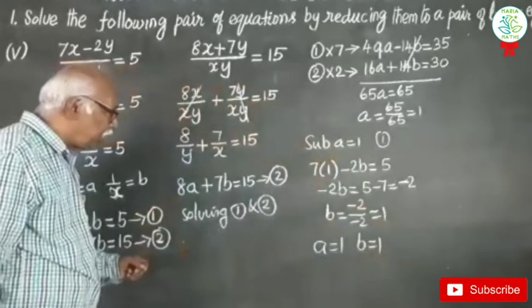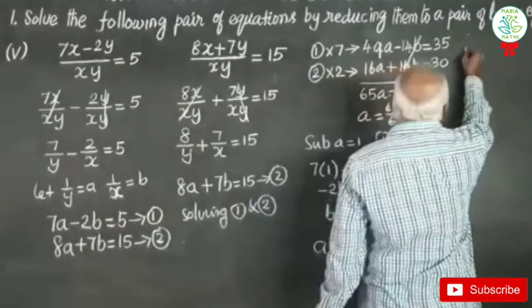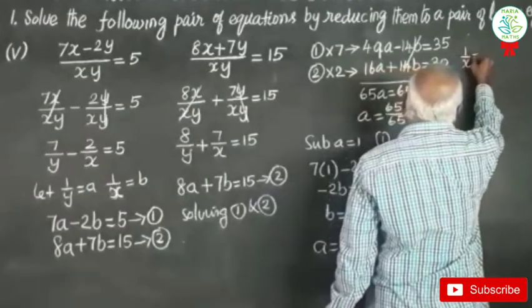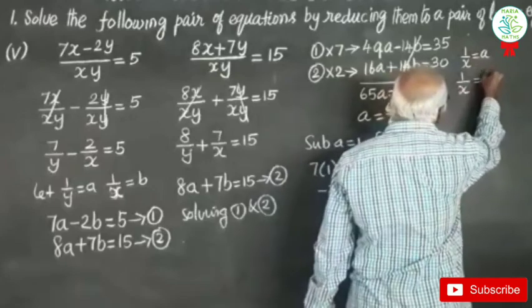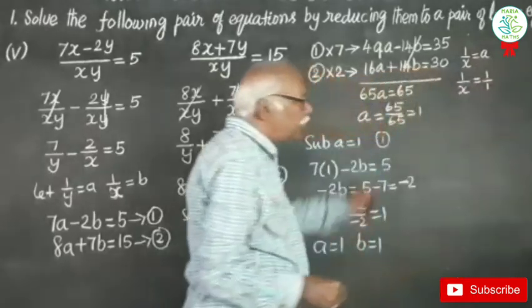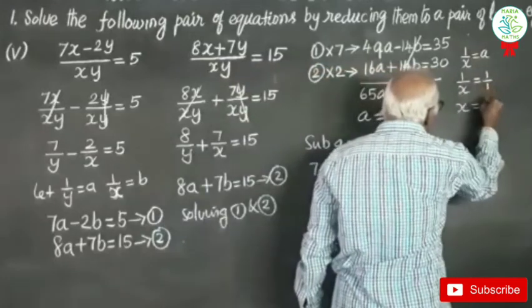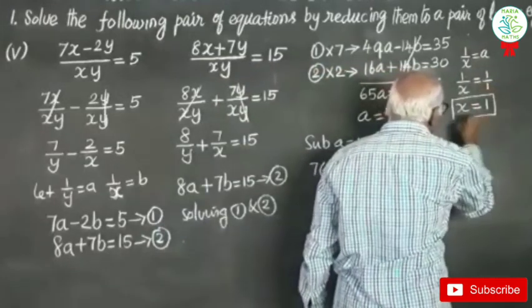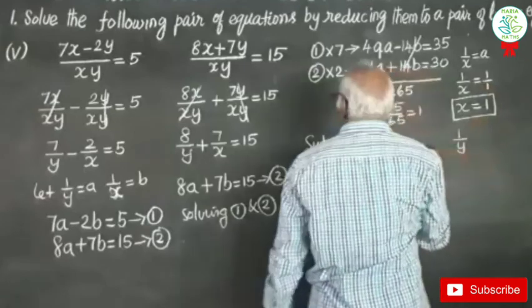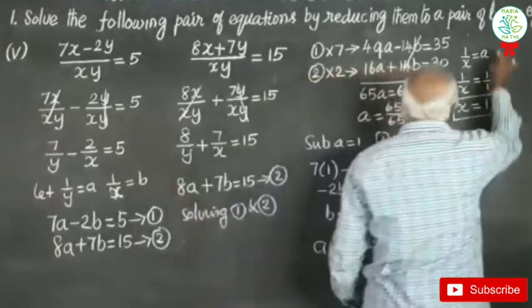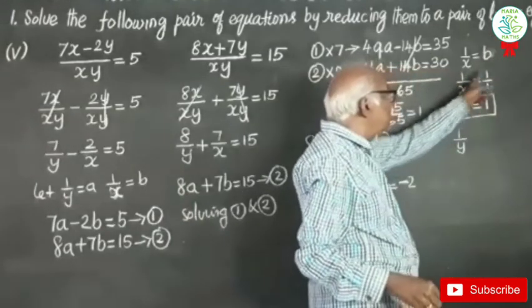Now we have to find x and y. 1 by x is equal to b. 1 by x is equal to 1 by 1.